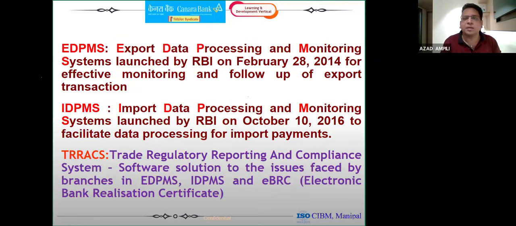EDPMS, IDPMS is nothing but, in export and import, three concepts will be there. Whenever export is happening, first what will happen? See, there are different kinds of settlements. For example, an exporter received an order and he shipped the goods. Movement of goods is happening and he will get the documents. He will give these documents to his banker.